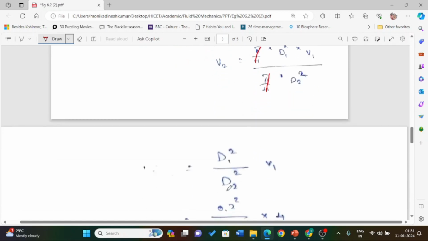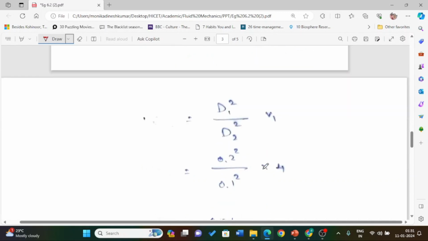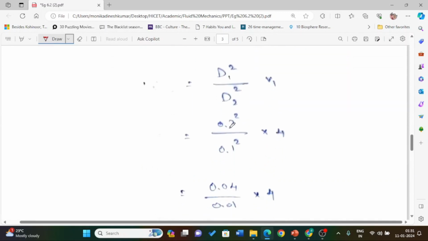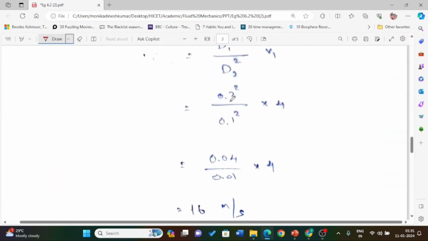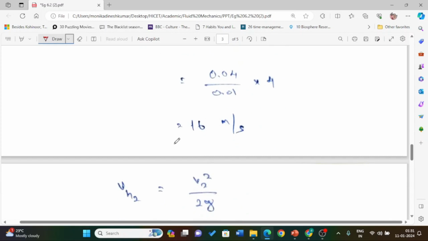So d1 square divided by d2 square will be there, and v1. So 0.2 the whole square divided by 0.1 the whole square multiplied with 4. That is 0.04 divided by 0.01 multiplied with 4. So finally we will get 16 meter per second.